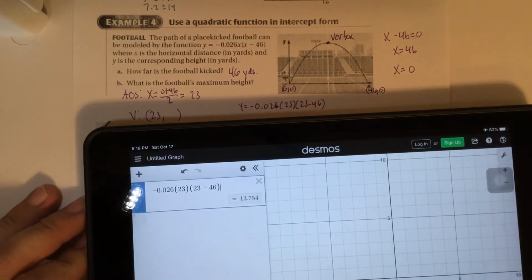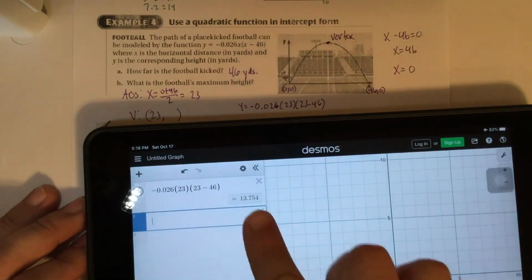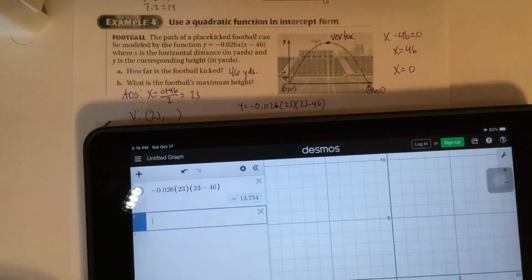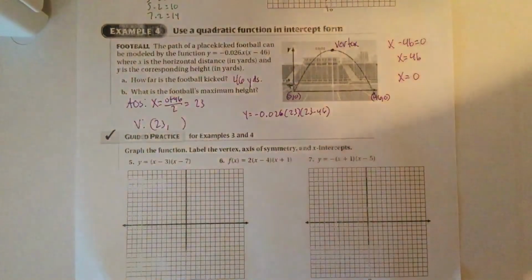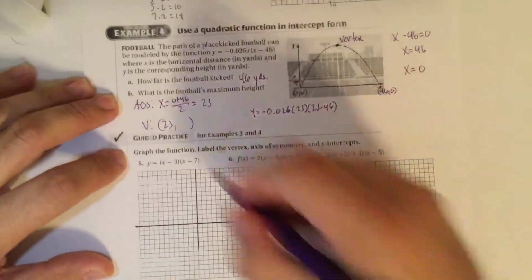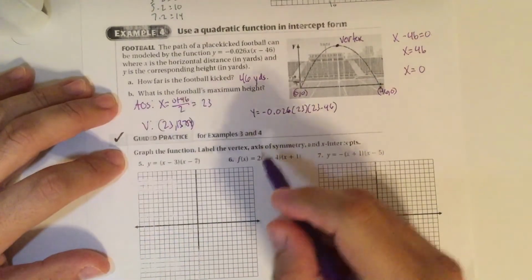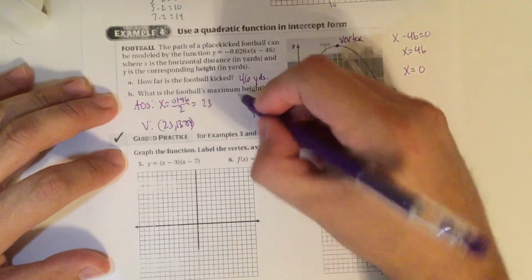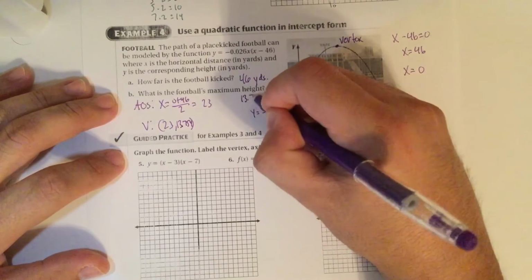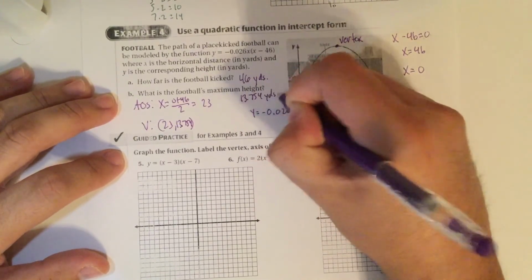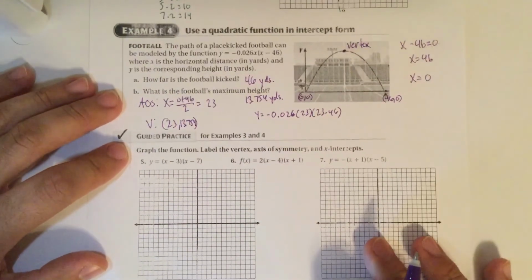That looks right, so I hit enter, and it tells me 13.754. So for part B, the maximum height was 13.754 yards.